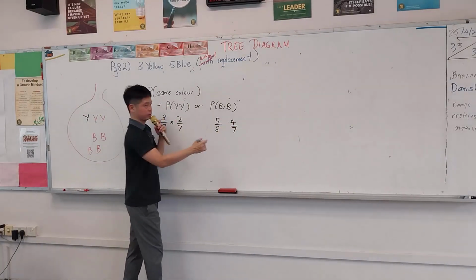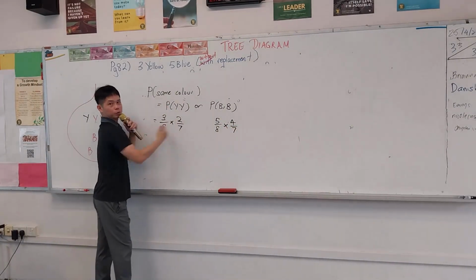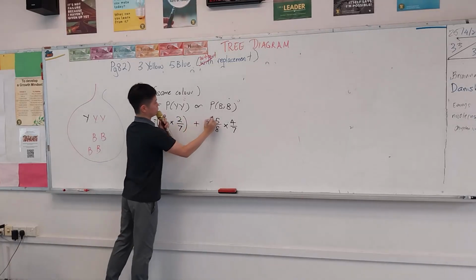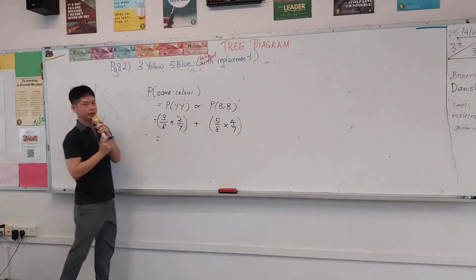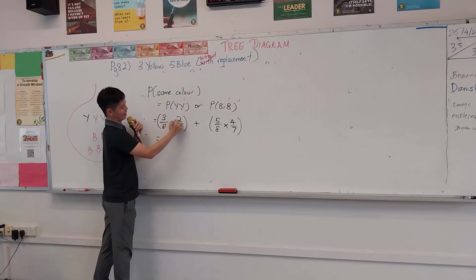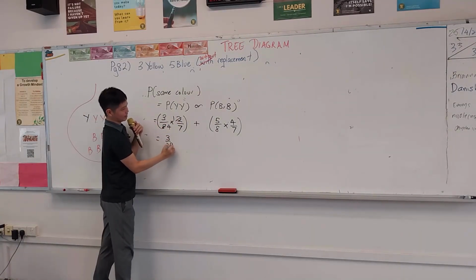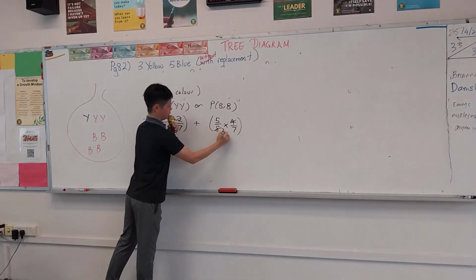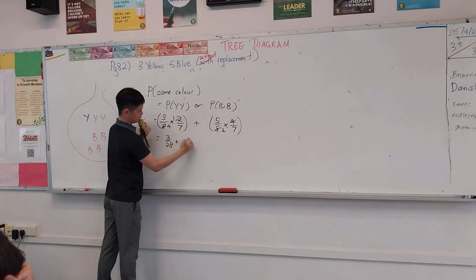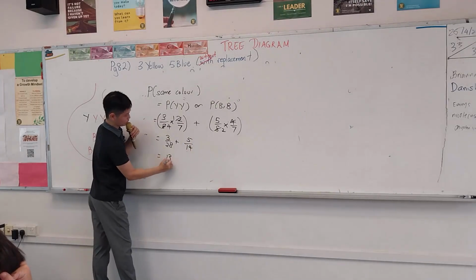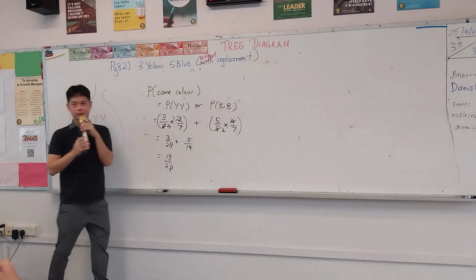What do I do with these 2 numbers? What do I do with these 2 brackets? I plus. So that's all. And if you press your calculator, 3/28, 5/14, 13/28. Okay. So that's it.